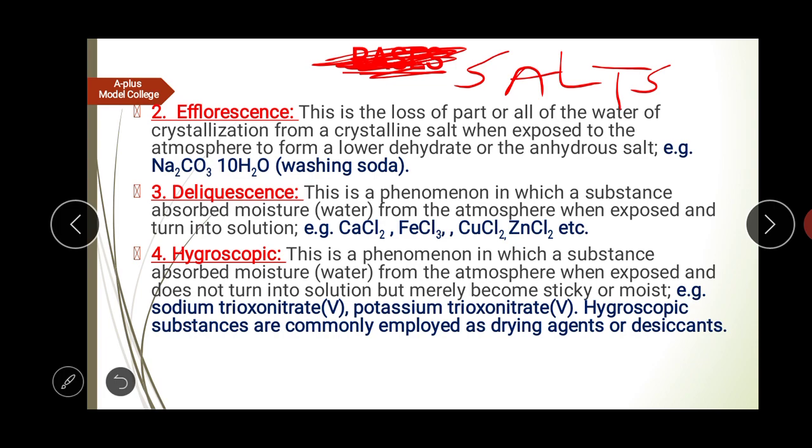Calcium oxide, these are examples of hygroscopic substances because they are used to dry. So most of these hygroscopic substances are used as drying agents to dry some gases when they are being prepared in the laboratory because they absorb moisture and do not turn into solution. So most of them are used as drying agents or desiccants. That's another name for drying agent, desiccants.